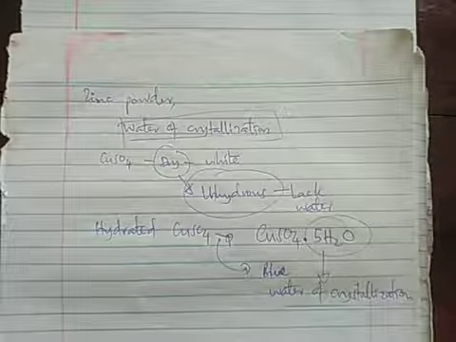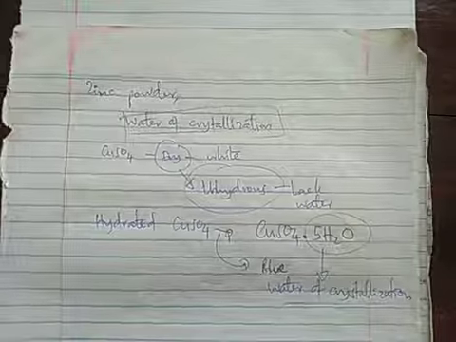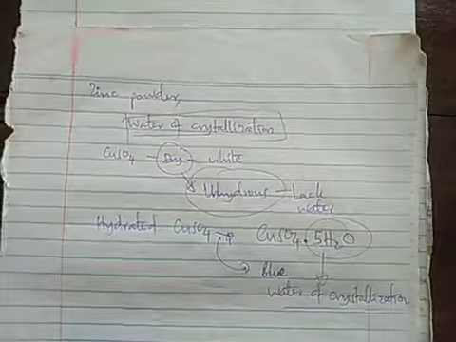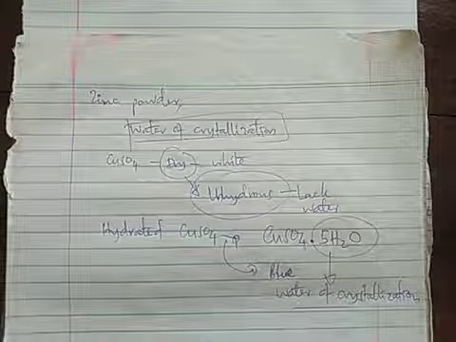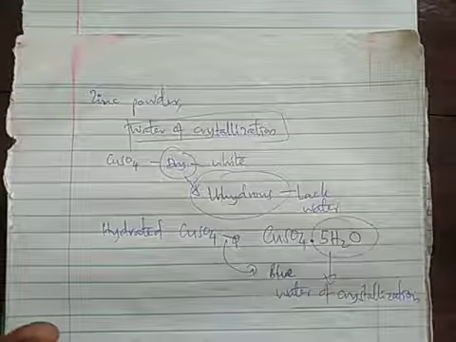So the water of crystallization is there. The copper 2 here is a metal, or rather the salt, and it has not dissolved, it is still the same salt. But back to the water of crystallization: this is essential for the crystals to maintain their color and shape.